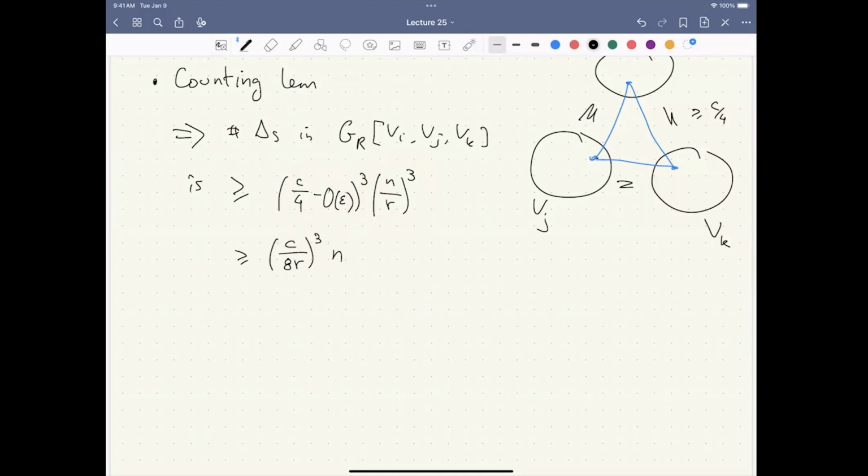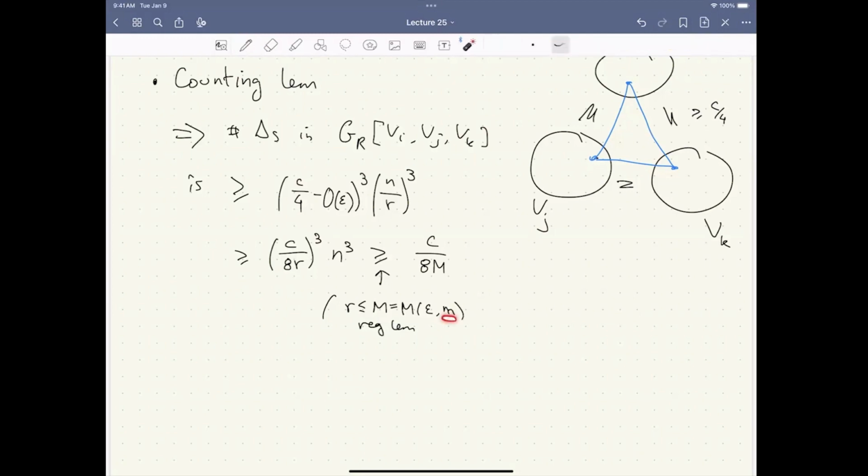This is at least C over 8R cubed times n cubed. But remember R is at most capital M in this regularity lemma. So we have this is at least C over 8M cubed, but M is a constant of what? M is a constant of epsilon and little m.